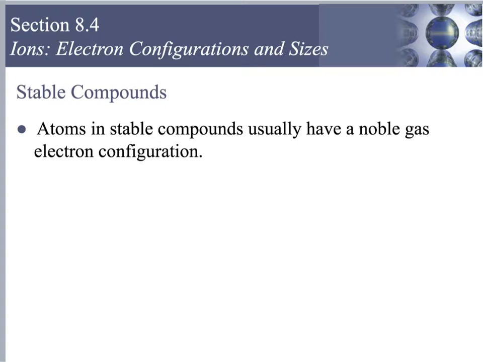One way to think about how stable compounds form is to assume that they gain a noble gas configuration, and they can do that either by losing electrons or gaining electrons, depending on what they're bonding to and also their position on the periodic table.